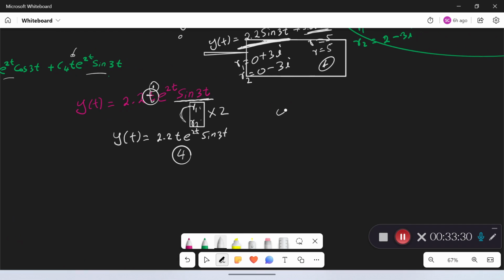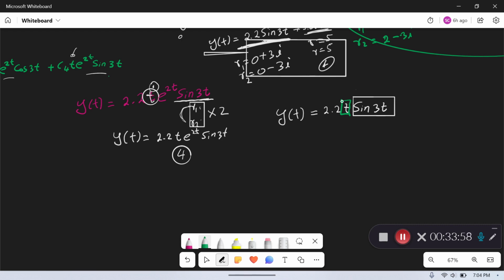And how about something like this? y(t) equals 2.2 t sine 3t. Here, once again, by looking at this sine term, we can say that there is a complex root. And by looking at this t term, we can say that there's a repeated root, repeated 2 times.